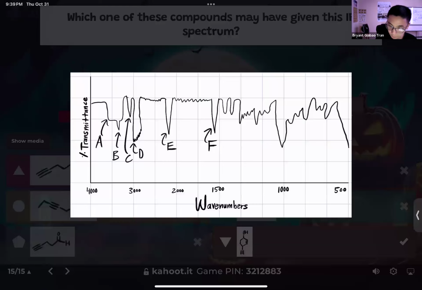D is the regular sp3 CH. And then E is the CC or CN triple bond. And then F is going to be the C alkene double bond. Right. Okay.